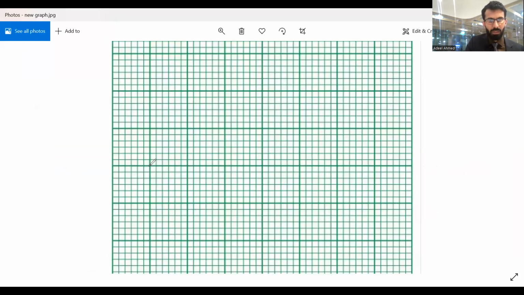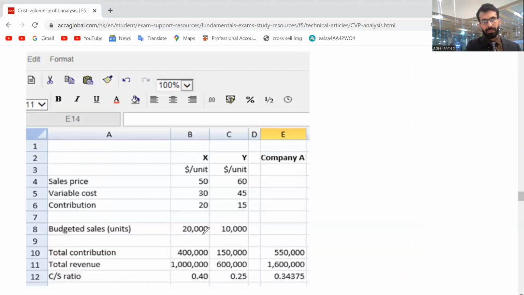So when we go back to our profit volume chart, which we were discussing earlier, we have to keep the margins because our maximum sales is 1.6 million, including both the products, and our maximum loss is 200,000, which is our fixed cost, and our maximum profit is 350,000. And we have to also keep this in mind that we will first be plotting our product X, which has the higher CS ratio.